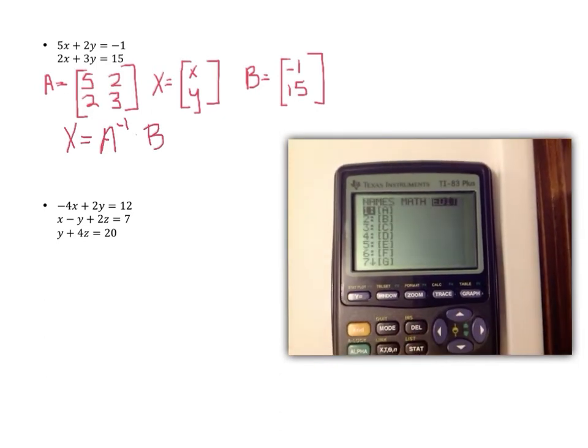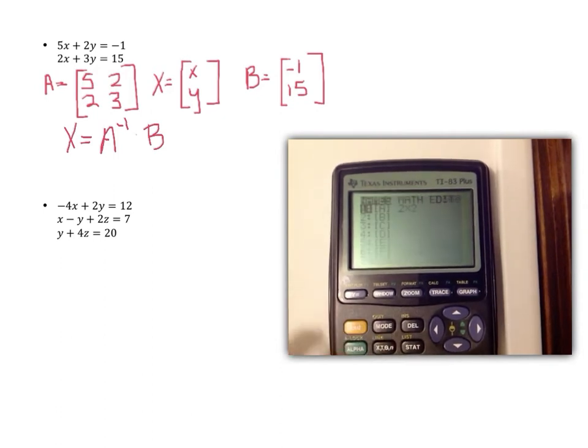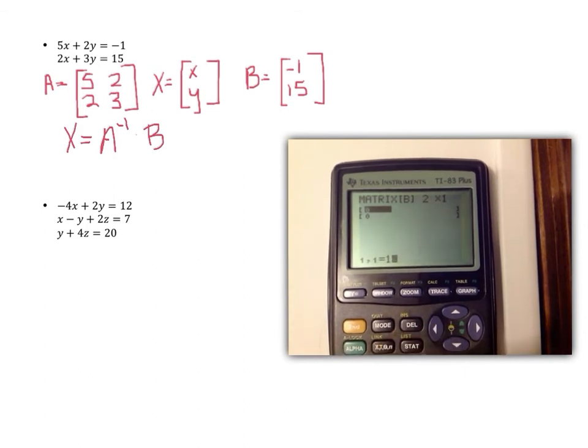So matrix A is a 2 by 2, and matrix B is a 2 by 1. Oops, this would be -1, and this would be 15.